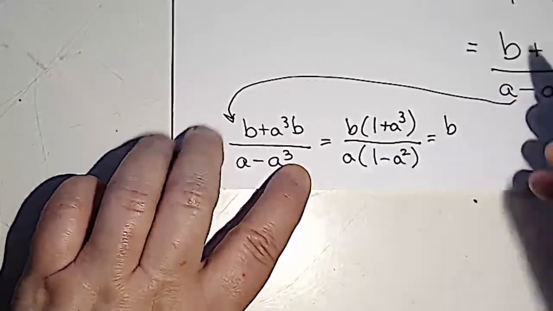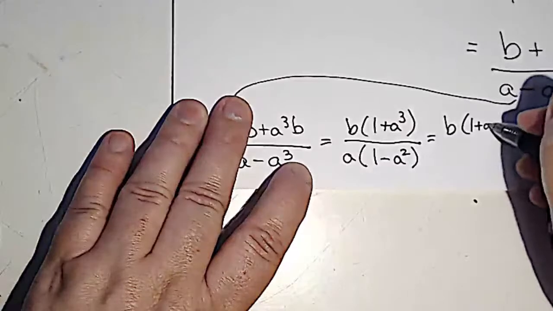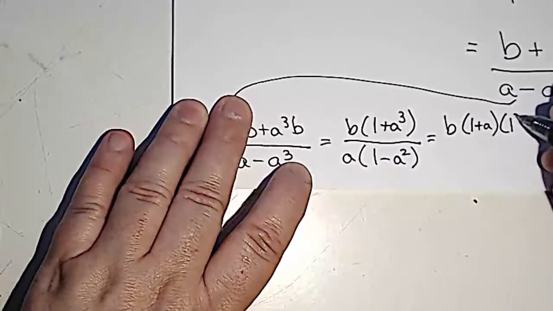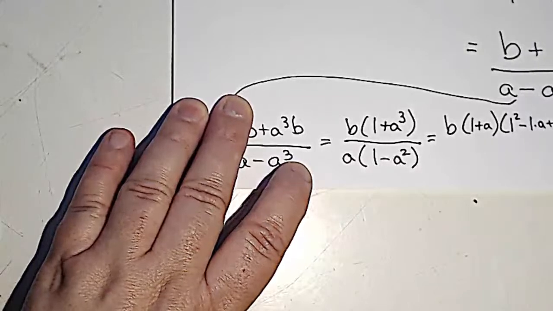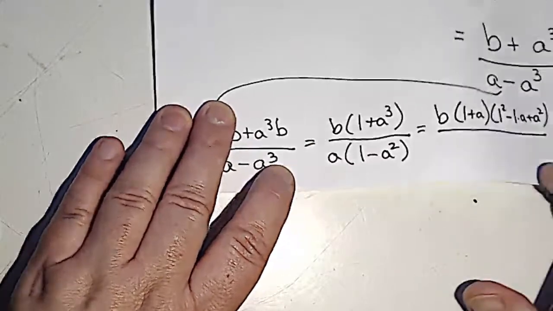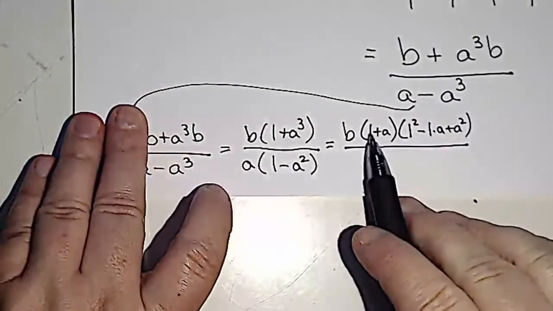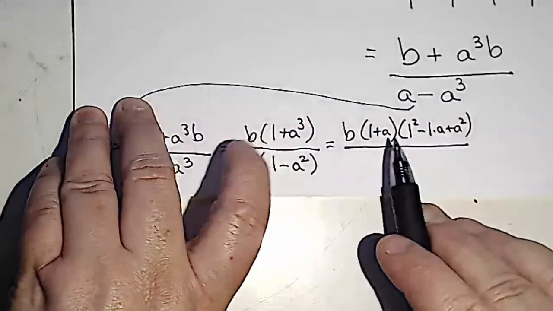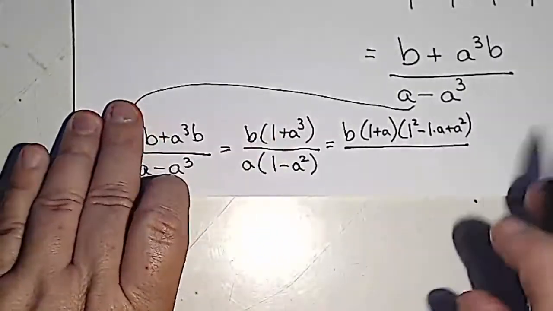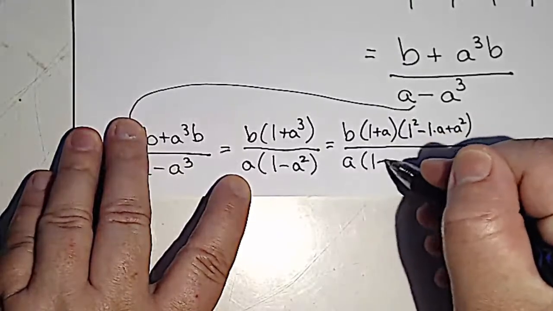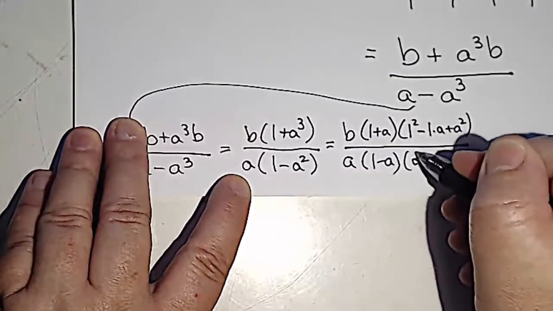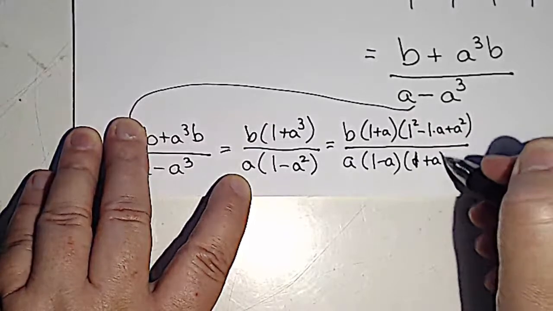Okay, 1 plus a cubed is going to be 1 plus a, and then 1 squared minus 1 times a plus a squared. You're going to have to review your sum of two cubes formula. And then down here, 1 minus a, 1 plus a.